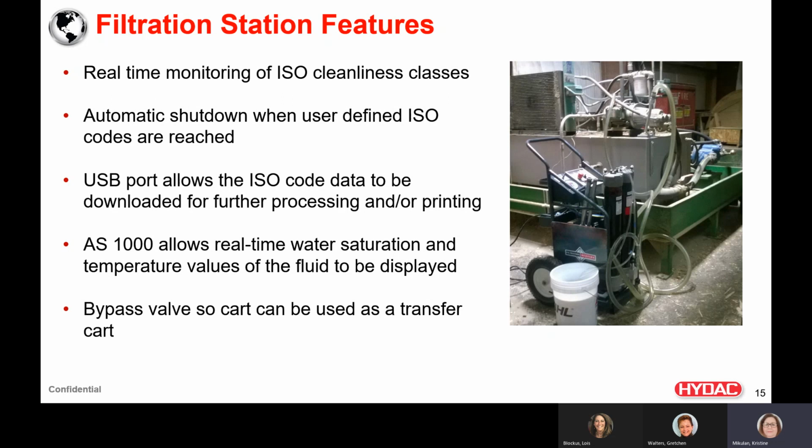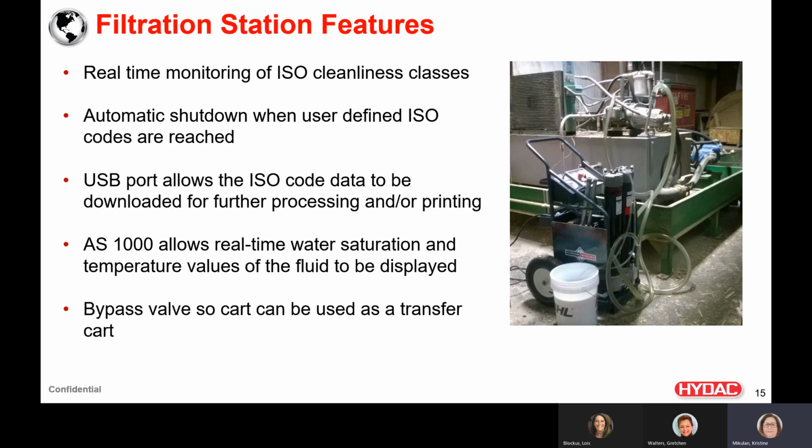When that target ISO code is met, it will shut down. So when they come back in the morning, they know that their reservoir will have clean oil ready for use for the day. There's an integrated USB port so they can download the ISO code data to a computer if they need that information for further processing or to print it.